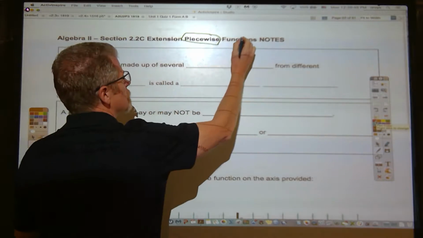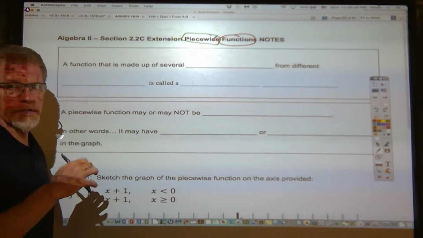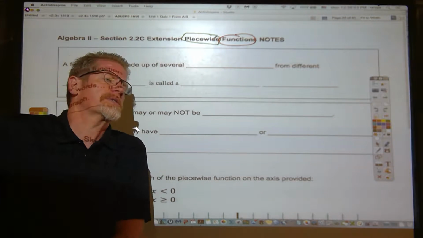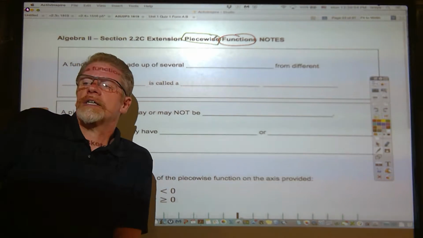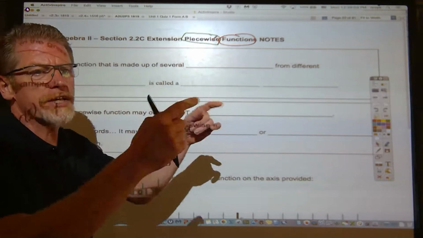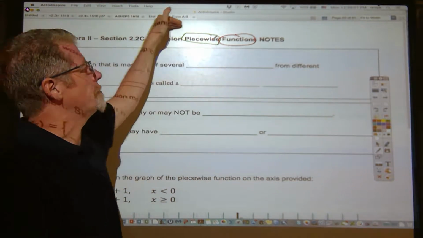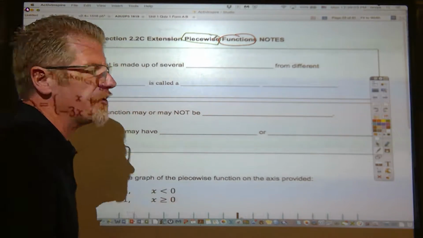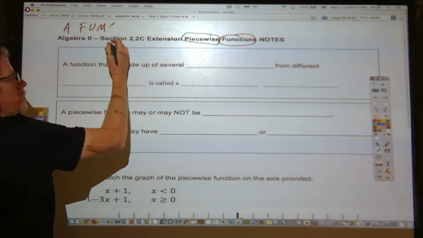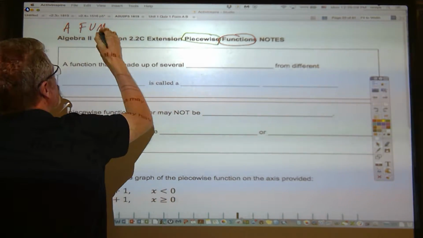Since functions are something that, there's actually a question on the quiz asking you what is a function, we decided to not include that question. We just wanted to see what you would say, and it is clear that not everyone has memorized the definition of function. I'd like you to write it down word for word up in the top margin. A function is a rule.